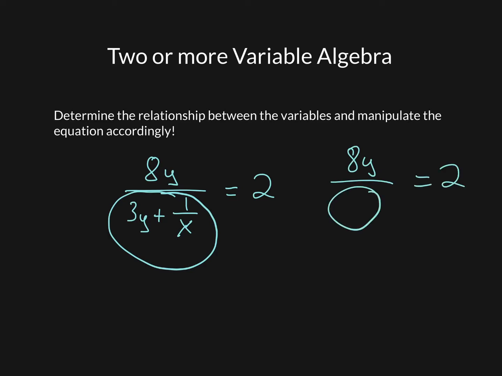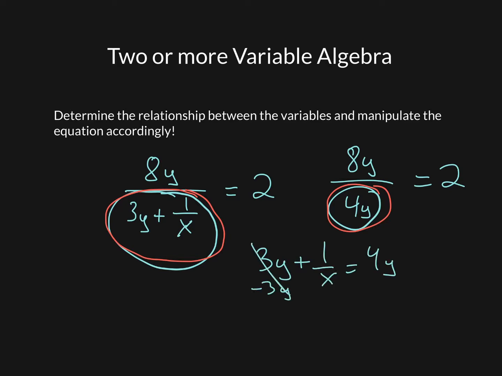Well, 8y divided by 4y would give me 2. Therefore, everything here, the 3y plus 1 over x, needs to be equivalent to the 4y. Therefore, we have 3y plus 1 over x equals 4y. Subtract 3y on both sides. That would give us 1 over x equals y.